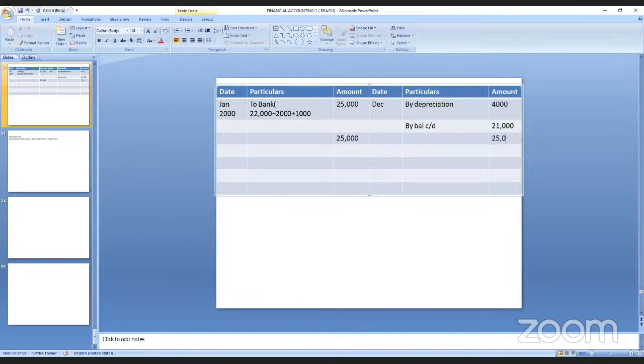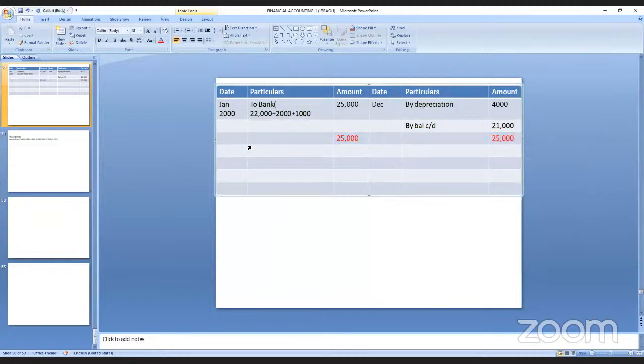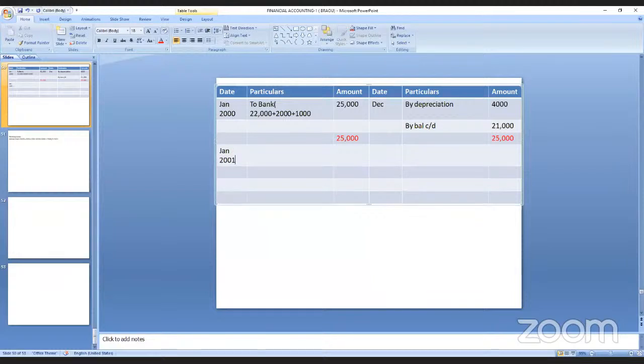Then it is 25,000. Now, which method did they ask about? It is the diminishing balance method. So again, you have to take it in January 2001, to balance brought down.